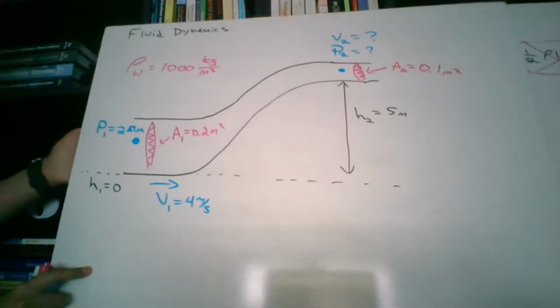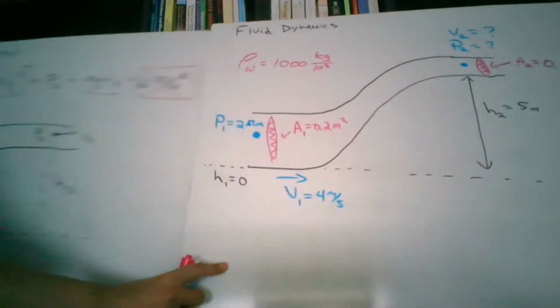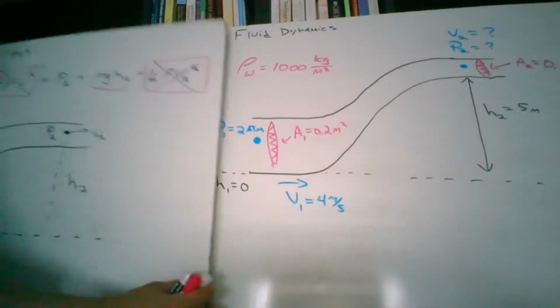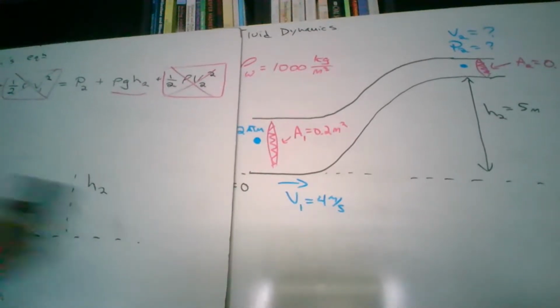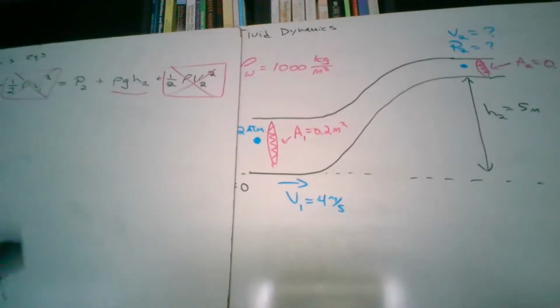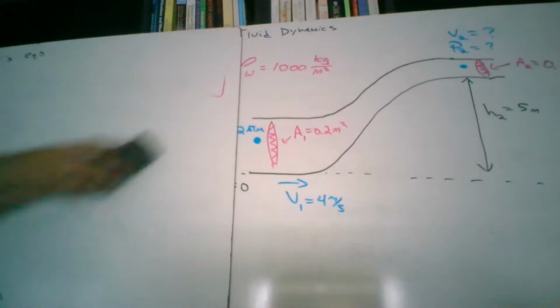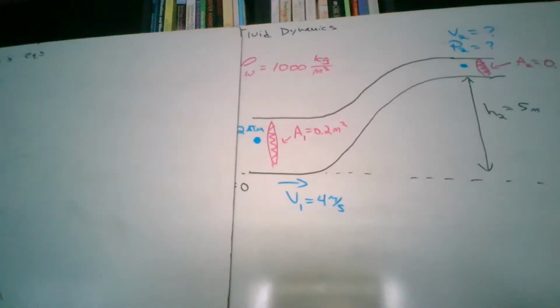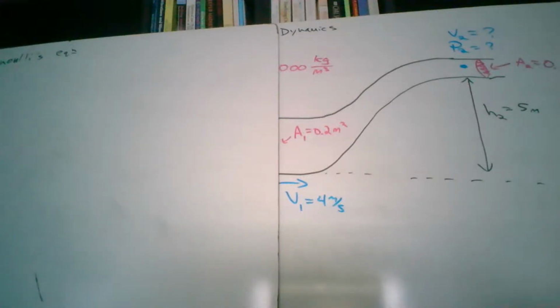So let's do that. Take a second, and you write it out, and I'm going to write it out as well. All right. So while you're working it out, I'm going to write down Bernoulli's equation, and we'll go from there.